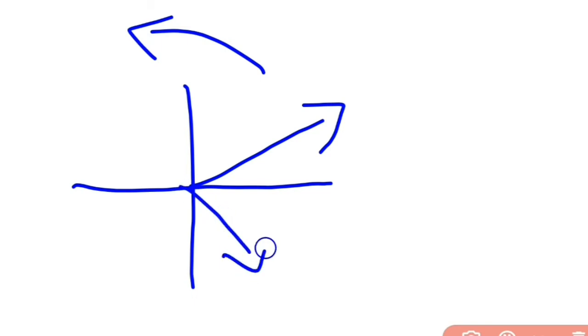So this is how we represent voltage and current phasors. This is the voltage phasor and this is the current phasor. The angle between the two is 90 degrees. The lengths we have shown differently, which is understood because the amplitudes of voltage and current will be different.